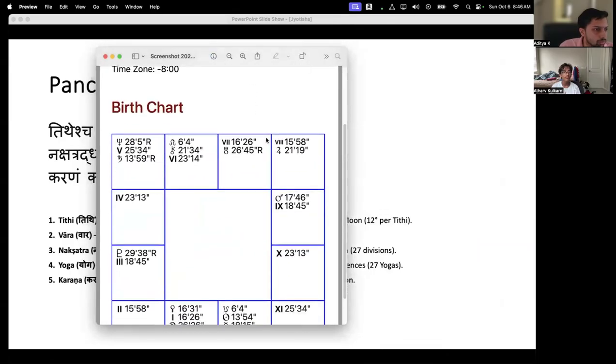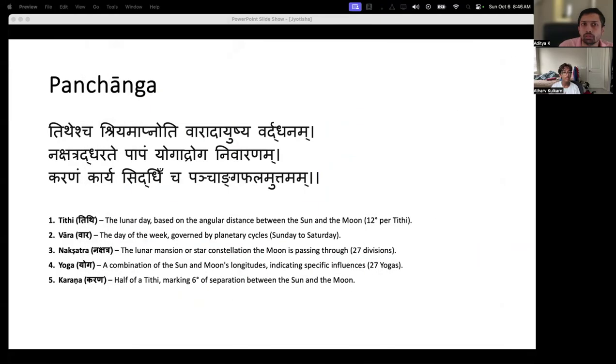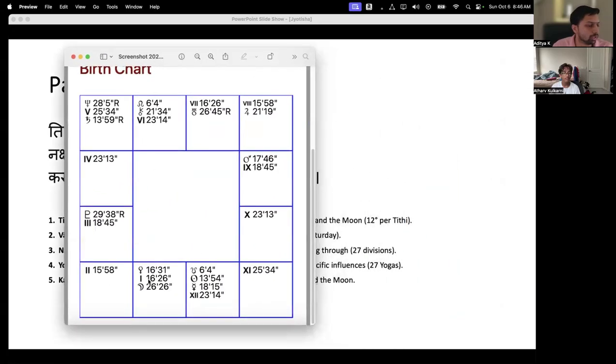So what Tithi ultimately is, okay, never mind. So this is the sun.